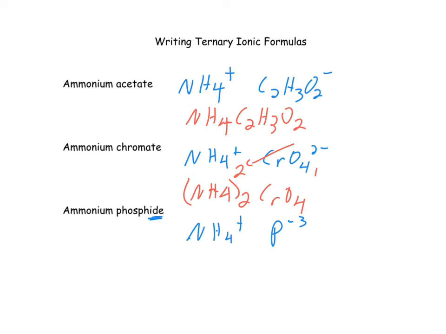It is in the nitrogen family, so it's always a -3. That doesn't add up to 0, so we're going to cross some oxidation numbers. When we clean that up, NH4, again, we're going to use parentheses because we added a subscript to the NH4, and then just P.